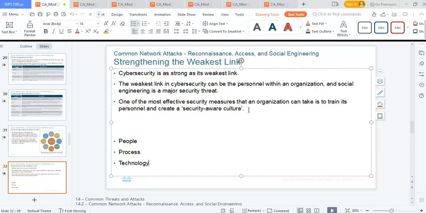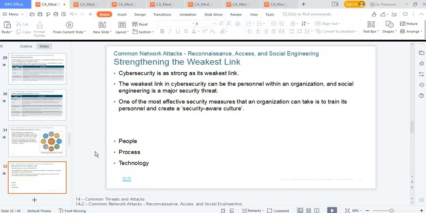People need to be aware, people need to understand what is susceptible to an attack, what is prone to an attack, do we have any likelihood of an attack? So people, process, technology is like a tripod that you can use to ensure that you are secured. Then people, which is our weakest link, that's where social engineering comes in.